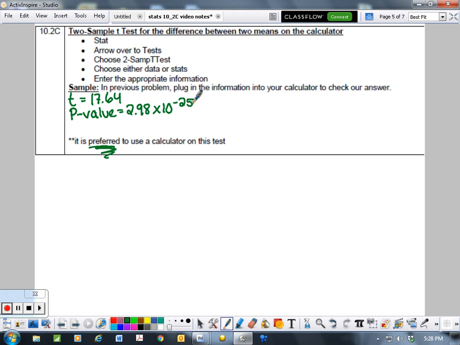And then we had an x1 bar of 117.6. And we had a standard deviation of 6.64. And then we had x bar 2 was 88.13. And our standard deviation for group 2 was 6.3. And so there's all that stuff.